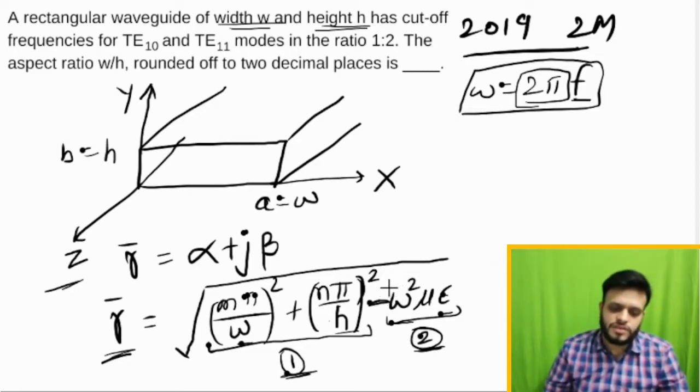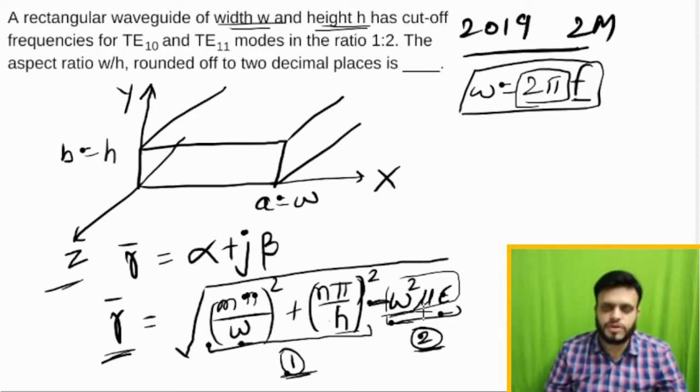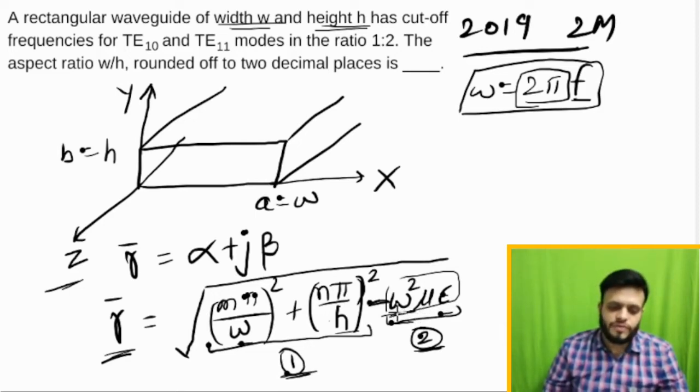When the value of frequency is lower, it decides the value of this equation, as mu and epsilon are constant values for a specific material. So when the frequency is lower, this complete equation 1 minus 2 is always a real quantity.